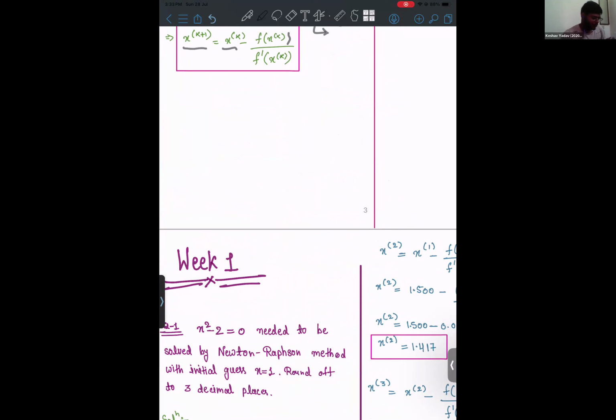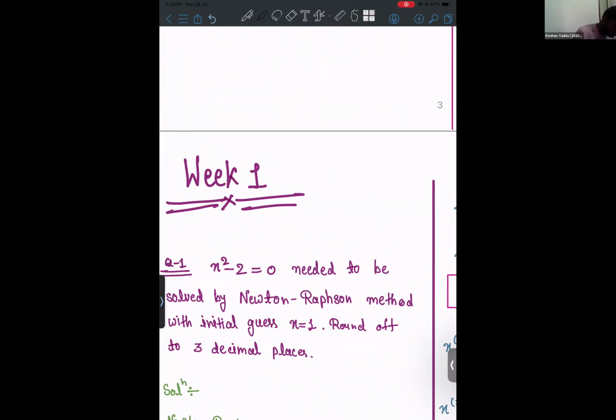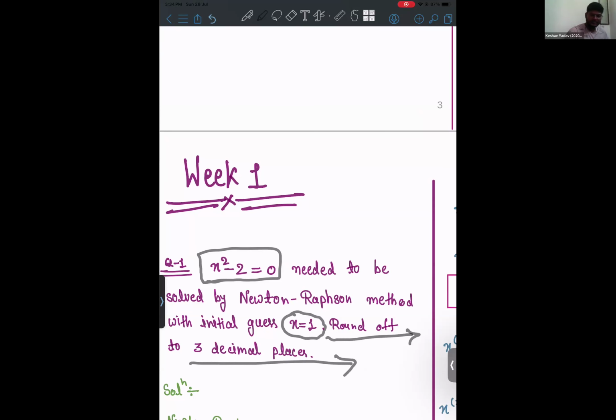The first problem is to solve the polynomial x square minus 2 equal to 0, because ultimately we want to find the root 2 value by using Newton-Raphson method. The initial guess is x equal to 1, and we want to round off our answer to third decimal places.